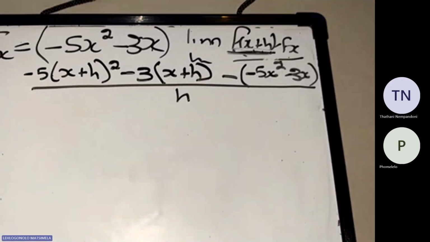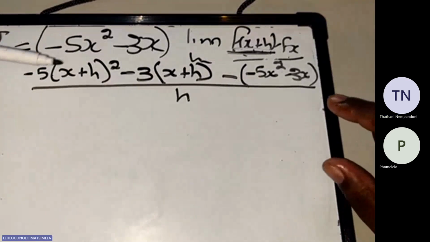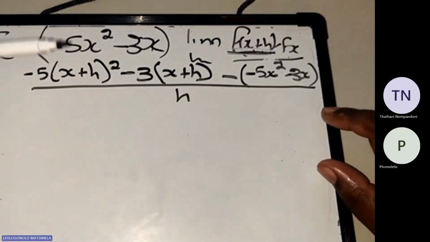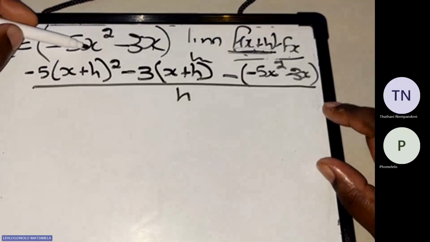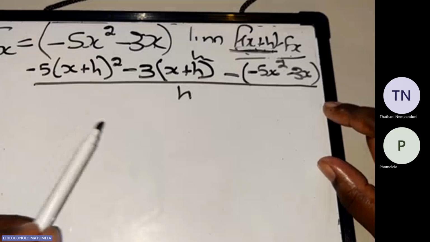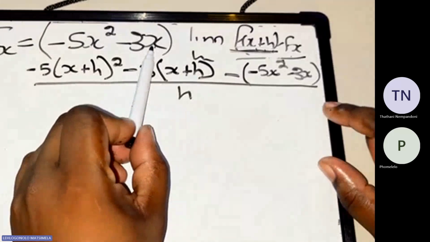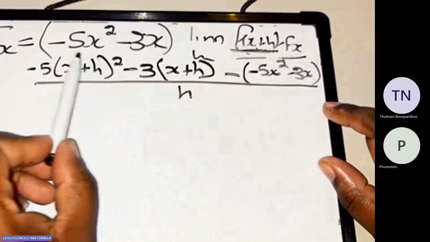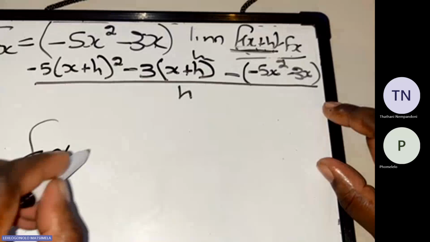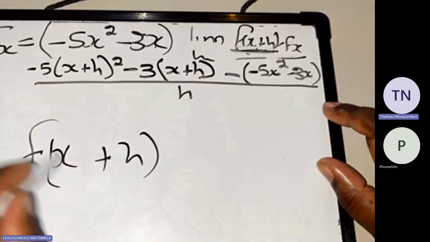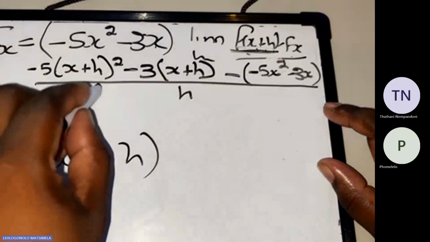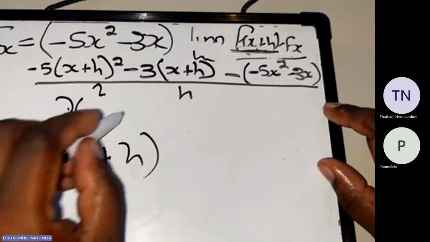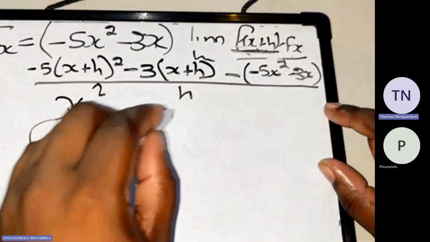If you know how we simplify and substitute in this section, you will know. The first x appears here in x to the power of 2, and the second x appears here in x. So for the first part, when we say fx plus h, it means that in the x squared, there is x plus h, minus 3x.